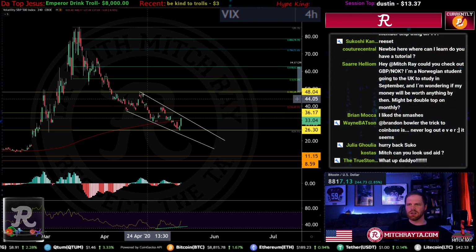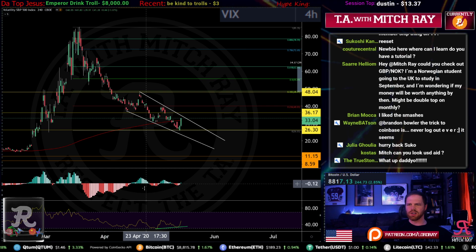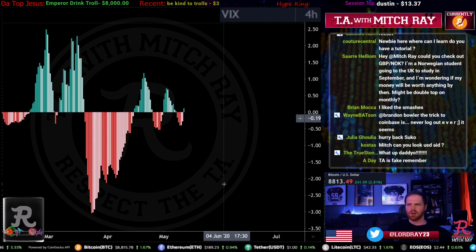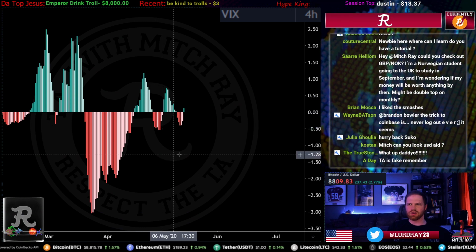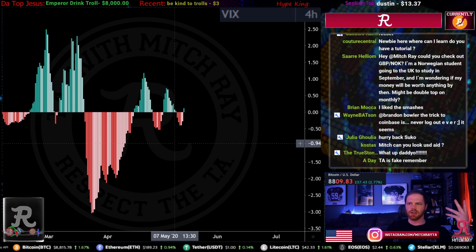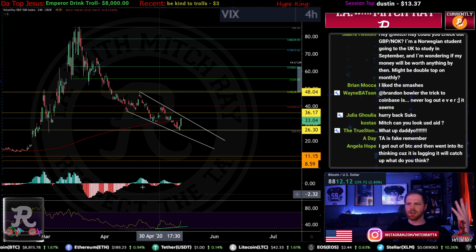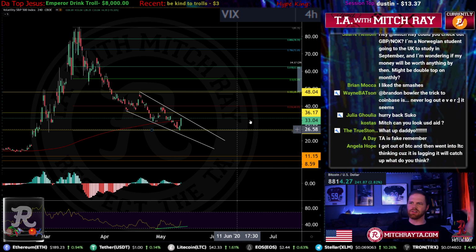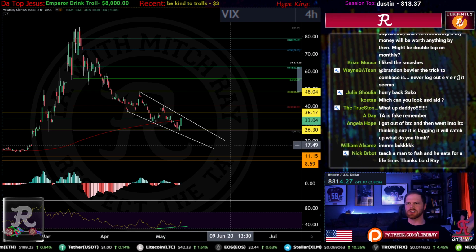Look, you make a low on price, then a lower low, and it's a lower level, and then you make a lower low, and then another lower level. That is bullish divergence on the 4-hour and the daily. So you're talking like 5 coinciding variables on this thing.